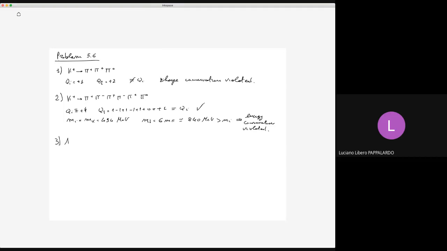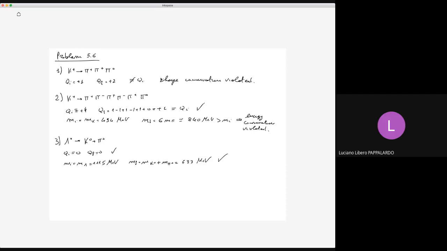The next one, lambda 0 into K0 plus K0. So the initial charge is 0, the final charge is also 0. The initial mass is the mass of the lambda baryon, that is 1115 MeV. The final mass is the mass of the K0 plus the mass of the pi 0, that is overall 633 MeV. So energy conservation is fulfilled.